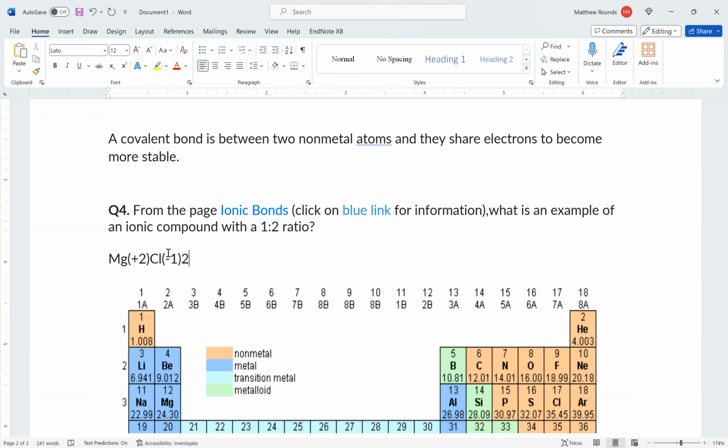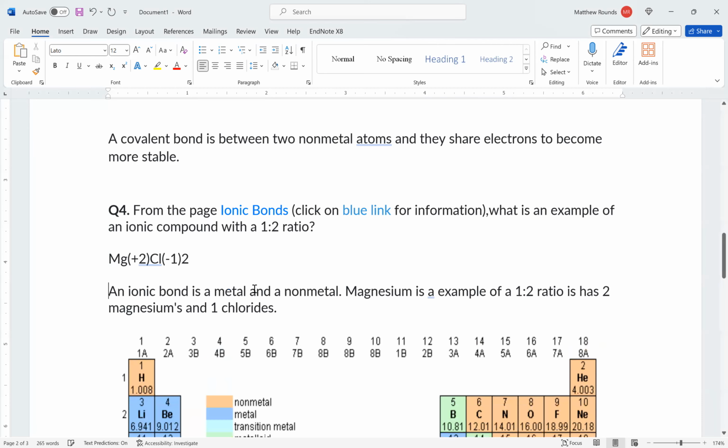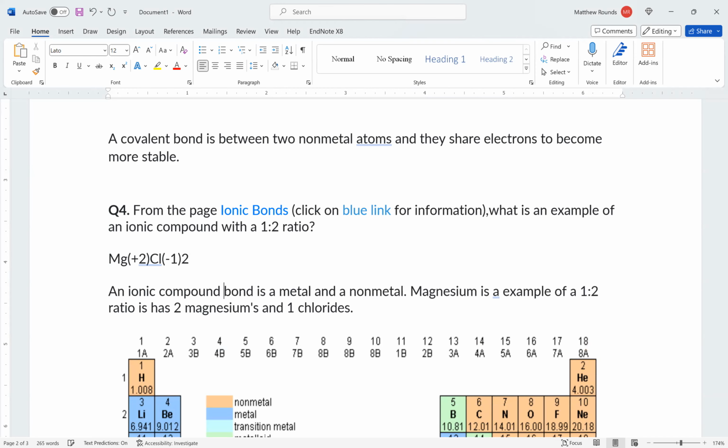All right, here's what I have typed out. Yeah, good. This is great. So we're just going to reword it slightly here. An ionic bond is a metal and a non-metal. You might say an ionic compound is a bond between a metal and a non-metal.